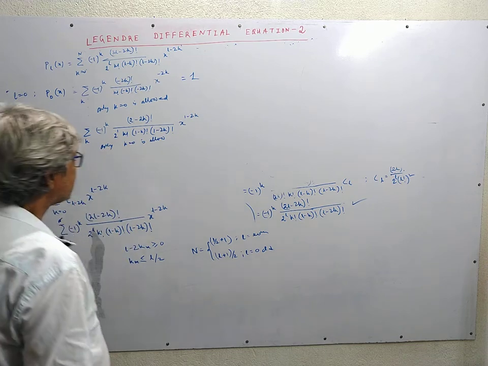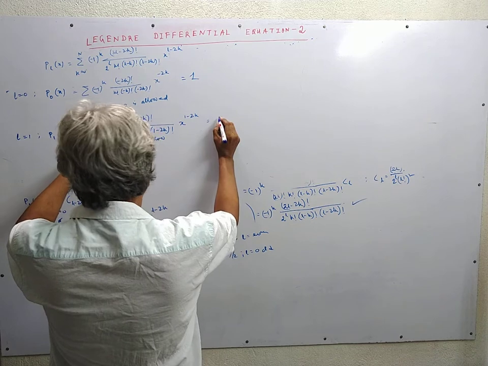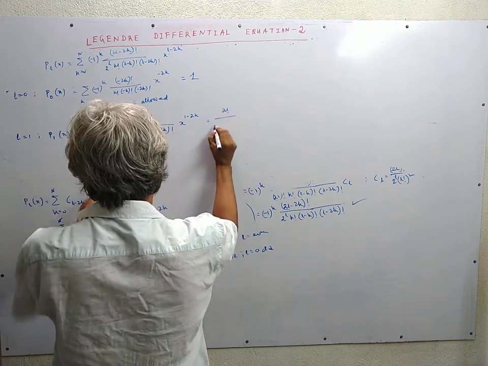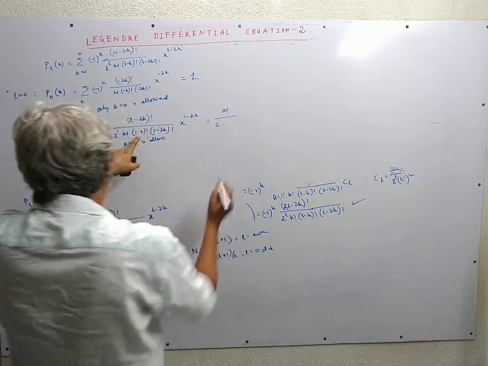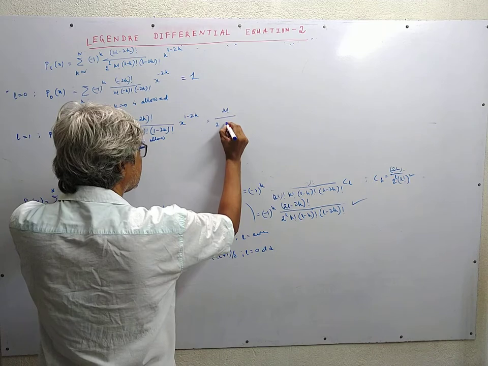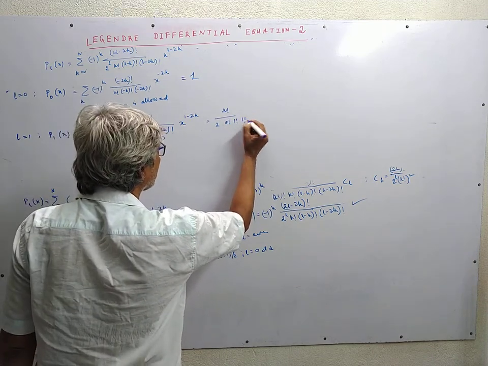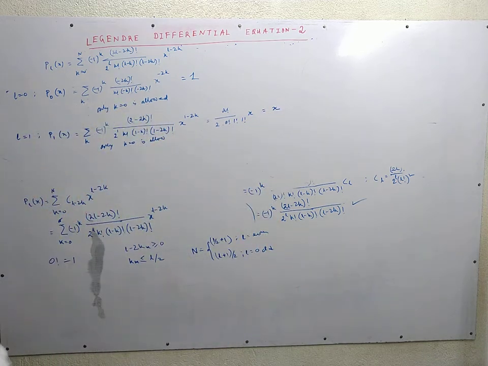In which case, if we put it, the sign goes, this is 2 factorial in the numerator, 2 factorial, 0 factorial, 1 factorial, again 1 factorial, into x. So this is x.